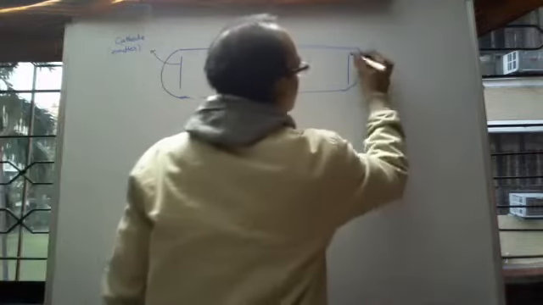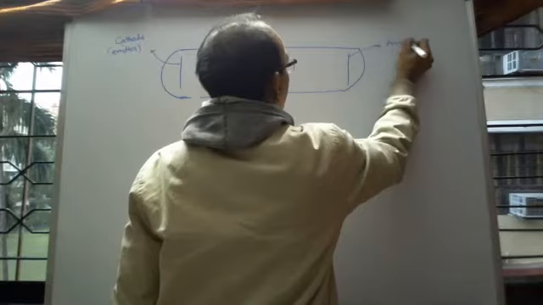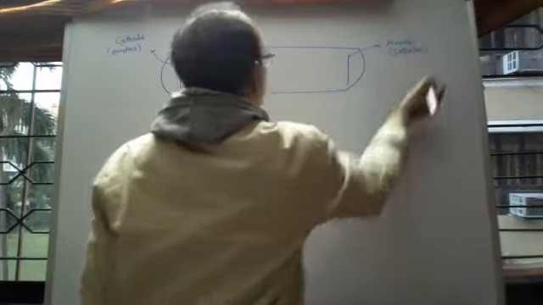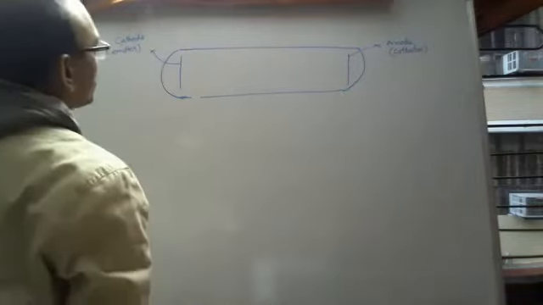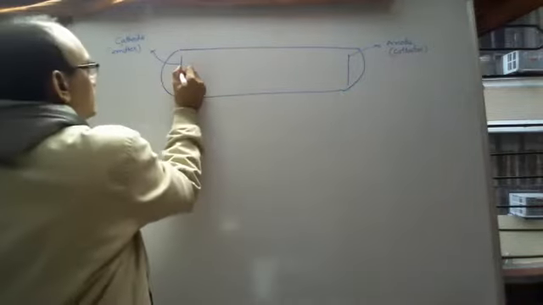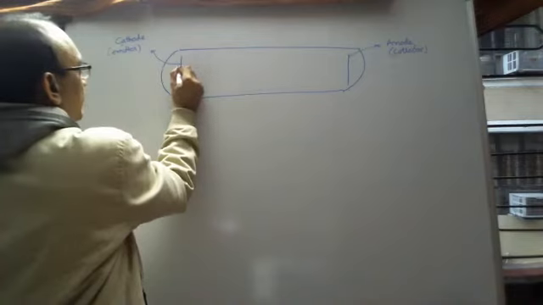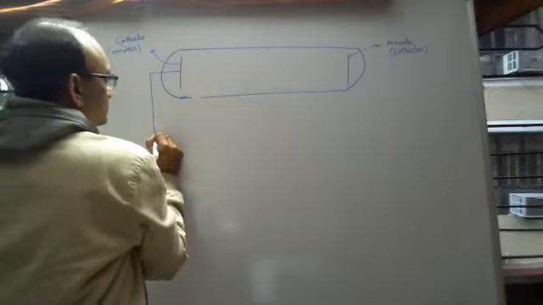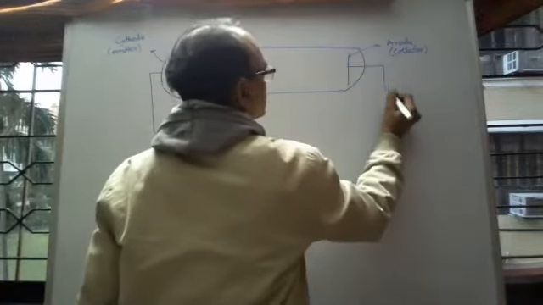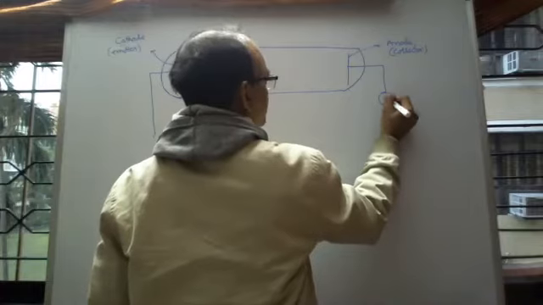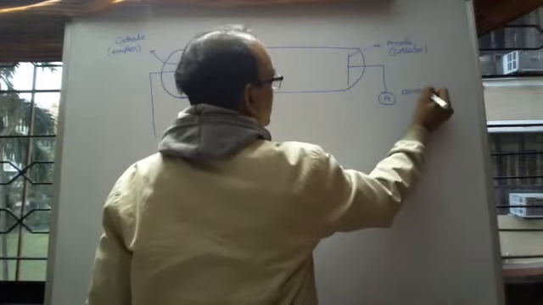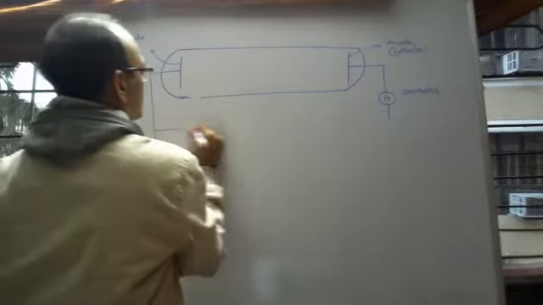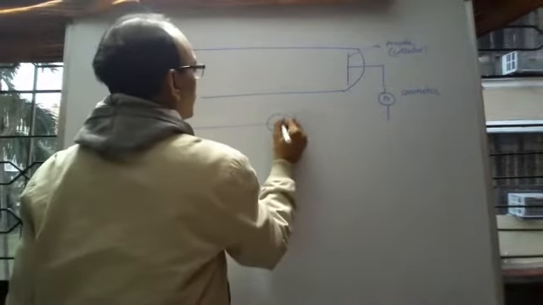The other plate is the anode, the collector. And there is an ammeter here, and a voltmeter here.